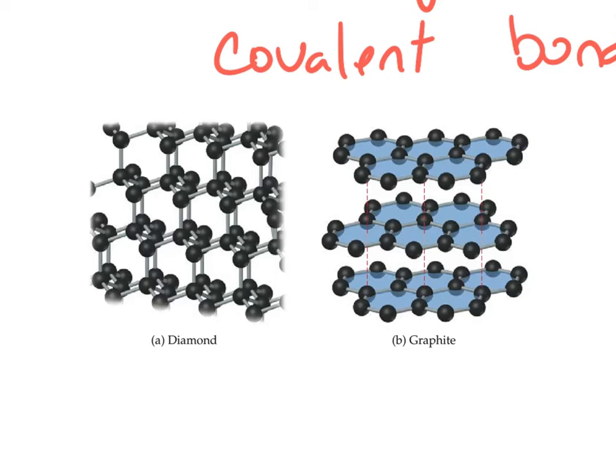So we'll talk about the difference here. But the fact that each carbon is surrounded on 4 sides by other carbons results in this hexagonal repeating pattern, which makes diamond, as you know, one of the hardest natural substances on Earth. It can scratch anything because it has sharp corners, and it's very hard with high melting points.